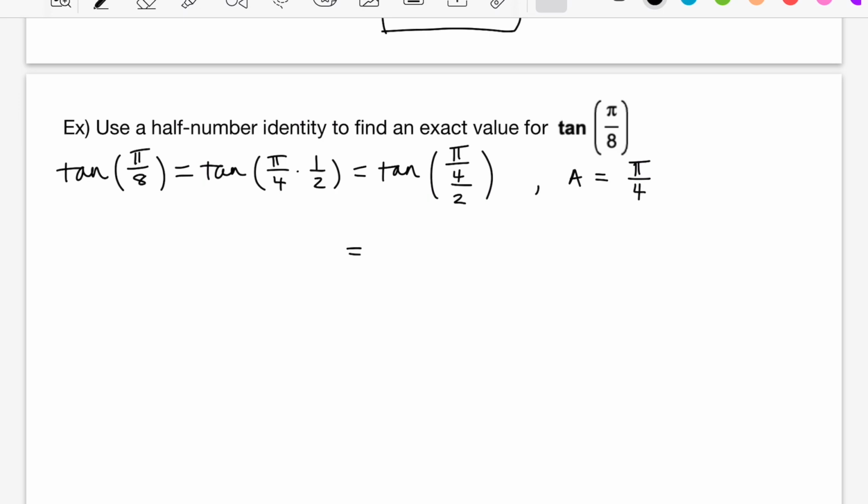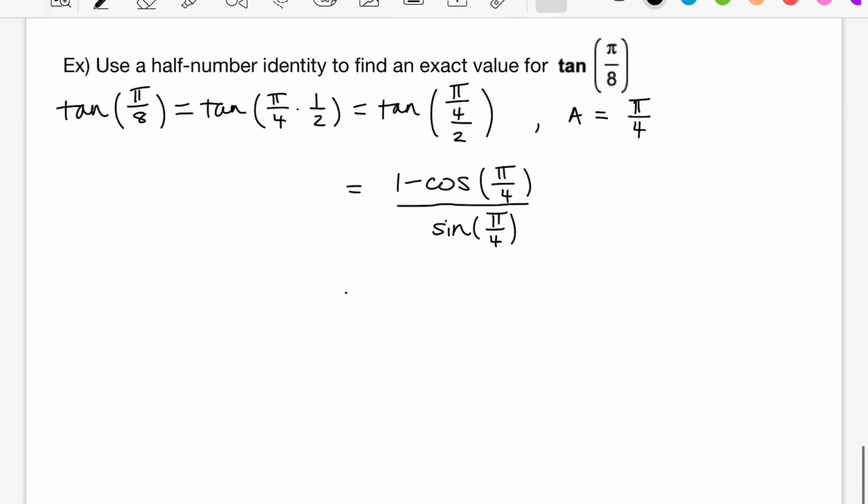So, like I said, we'll use the other identity. So this will be 1 minus cosine of our angle A all over sine of our angle A. We know that cosine of pi over 4 is going to be square root 2 over 2. And we know that sine of pi over 4 is going to be the square root of 2 over 2.